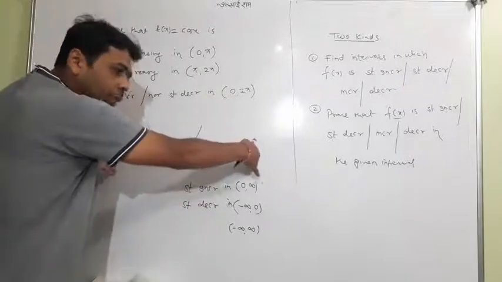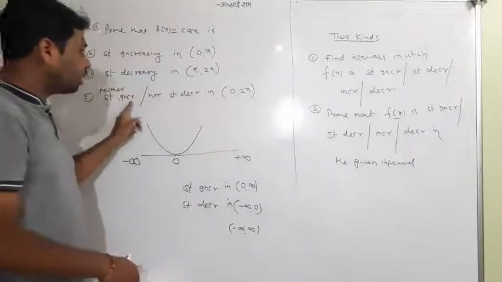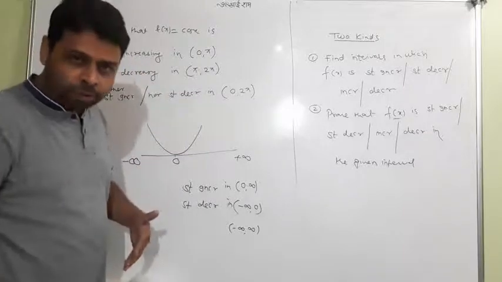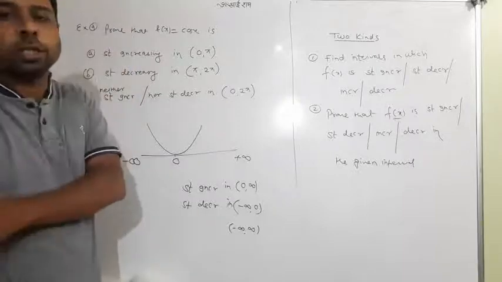So in the whole interval, minus infinity to infinity, it is called neither strictly increasing nor strictly decreasing. If both happen in that interval, we say the function is neither strictly increasing nor strictly decreasing.